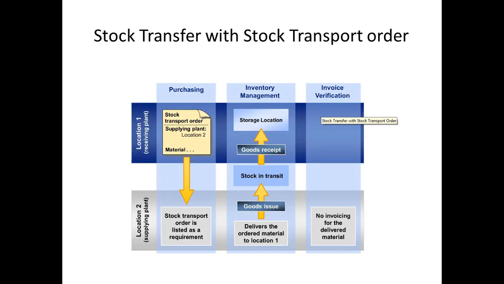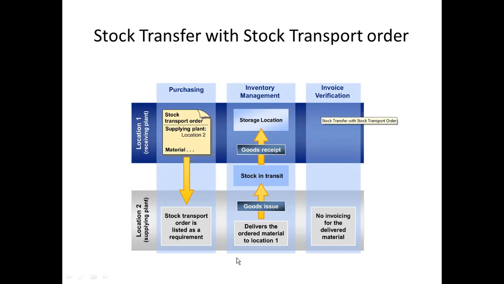Once the goods are delivered from the supplying plant, that stock of goods is maintained under stock in transit status. From that transit status, once it reaches the receiving plant or the requested plant, it will be stored in their storage location.